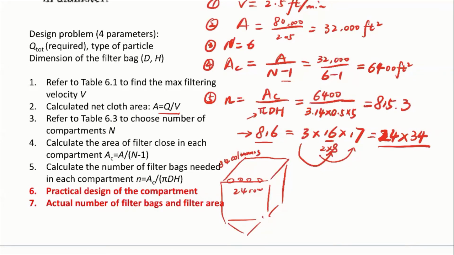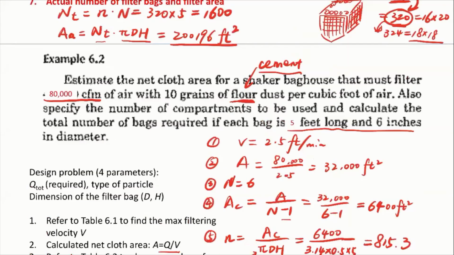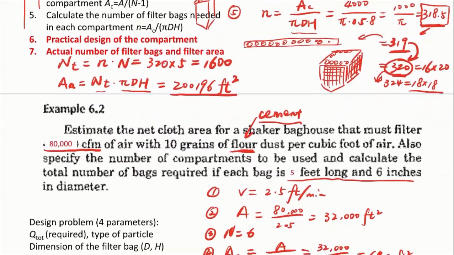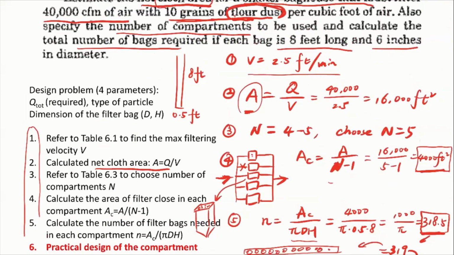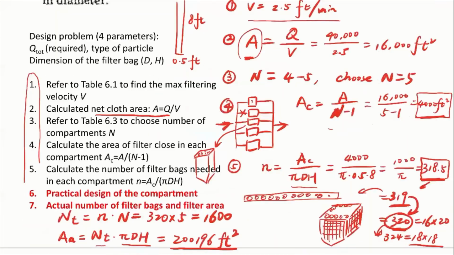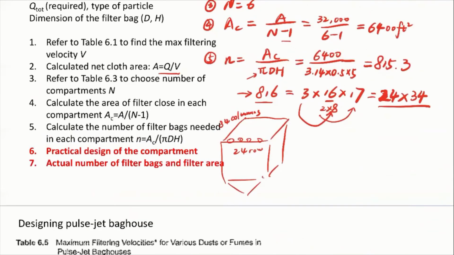Okay, so we mentioned that we can use two different numbers here, right? So it can be either 6 or 7, right? So let's see what's going to happen if we choose 7 as the compartments. Okay, so we haven't finished up for this problem here. So this is step number 6, where we find out the practical design. As 7 is to calculate the actual filter area.